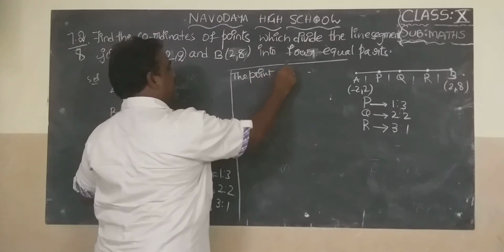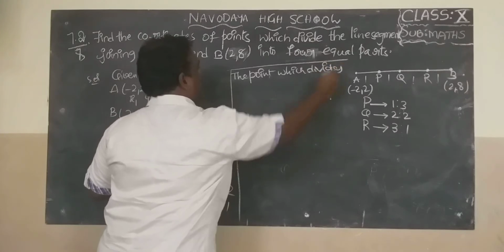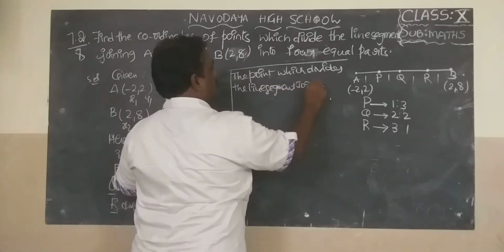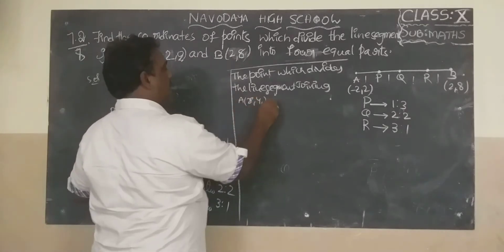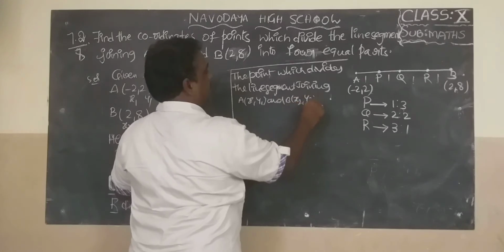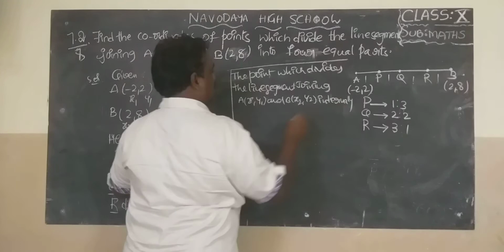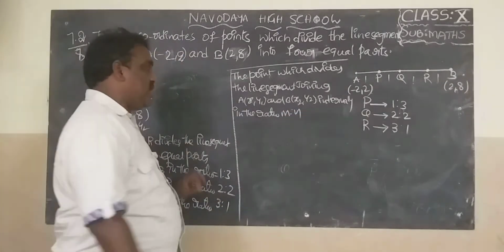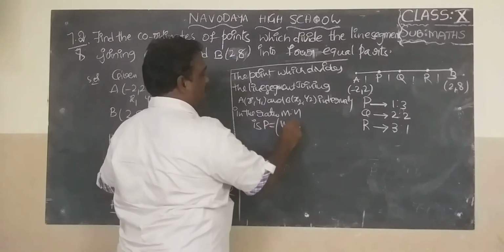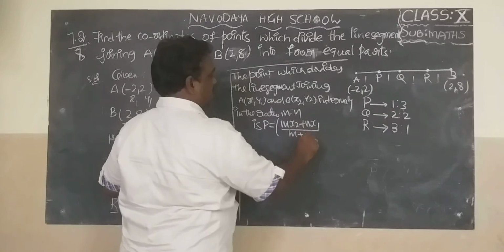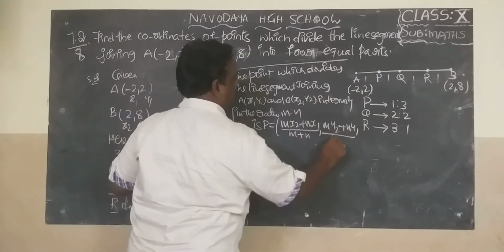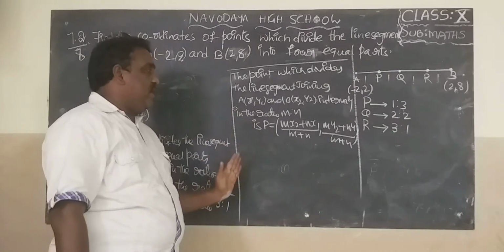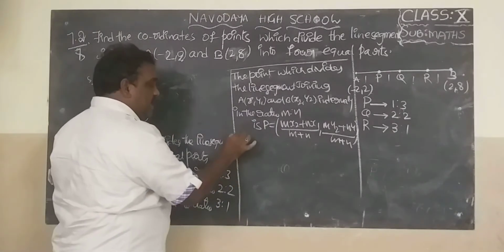The point which divides the line segment joining A(x1, y1) and B(x2, y2) internally in the ratio m:n is P = ((mx2 + nx1)/(m + n), (my2 + ny1)/(m + n)). So that is the formula to write.